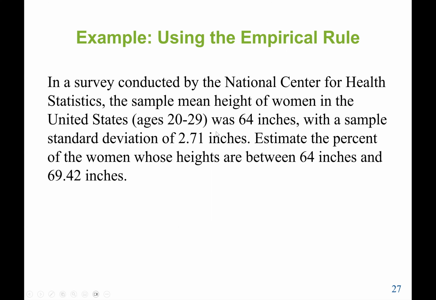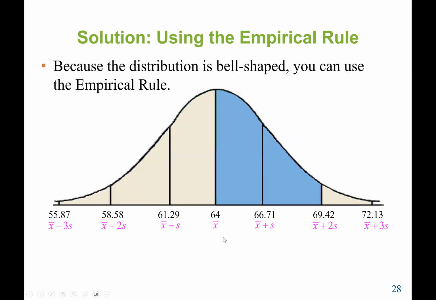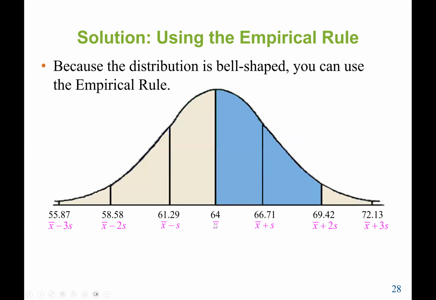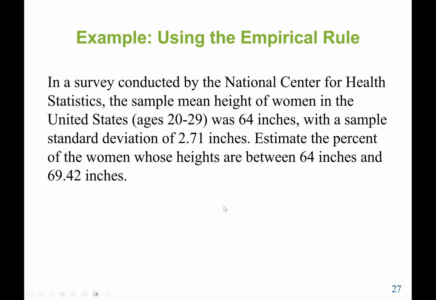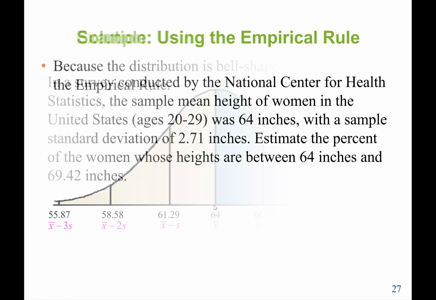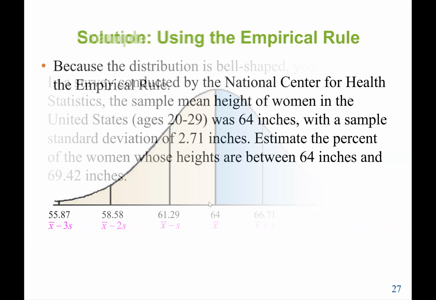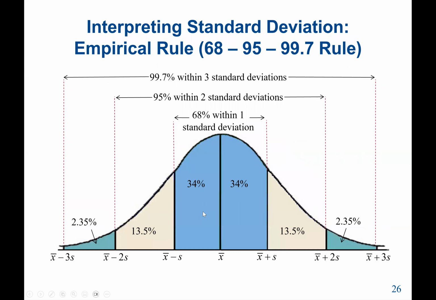Most of the values we need are given to us. We have the mean and the standard deviation. Remember, the mean height of the women is 64 inches, and the standard deviation is 2.71.